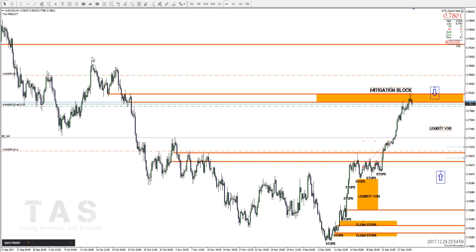Price took up these highs here, then came down, then moved up, didn't take these highs there, so this block becomes a mitigation block, and the low is 78.239.